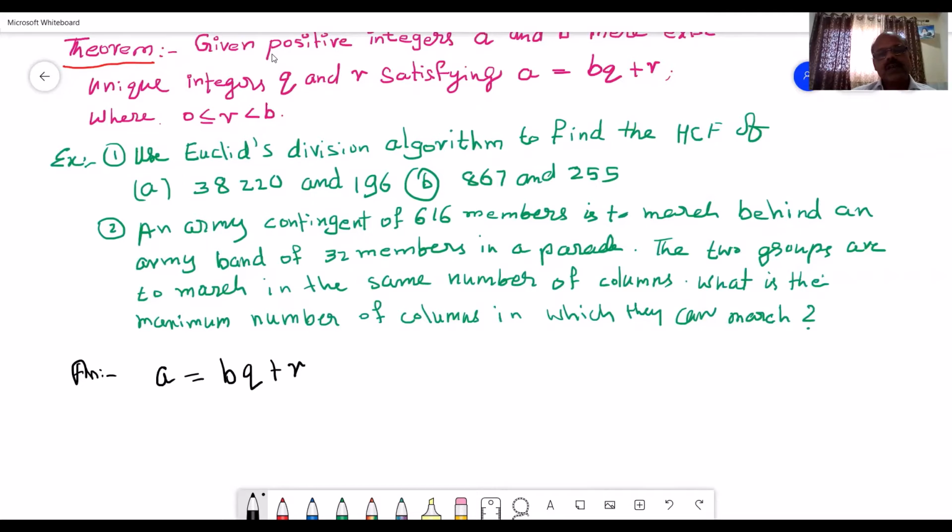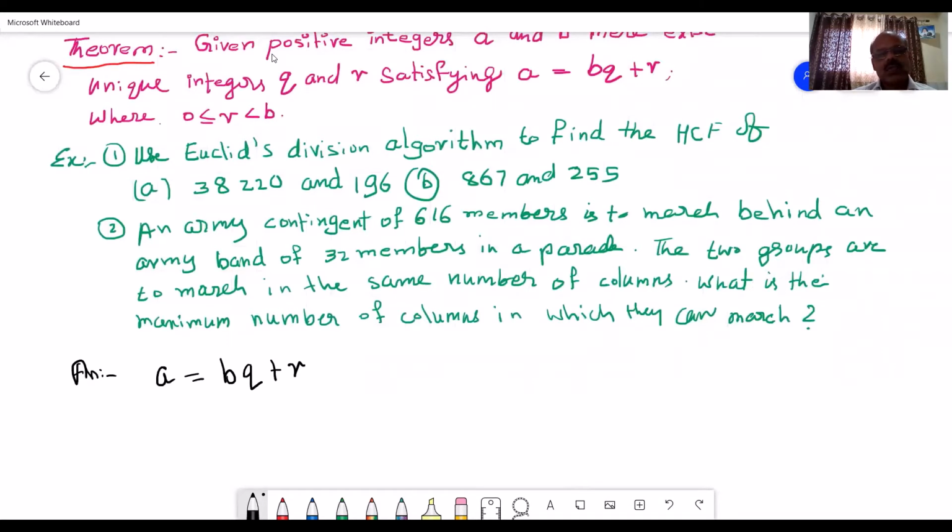With two positive integers, I will explain what a stands for, what b stands for, what q stands for, and what r stands for.